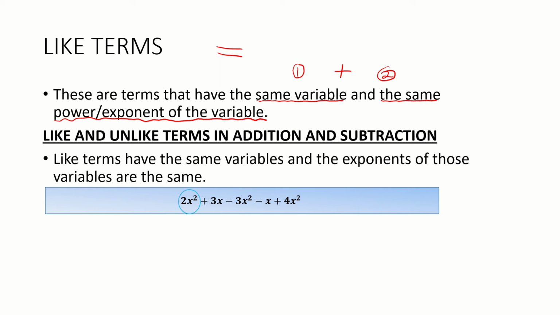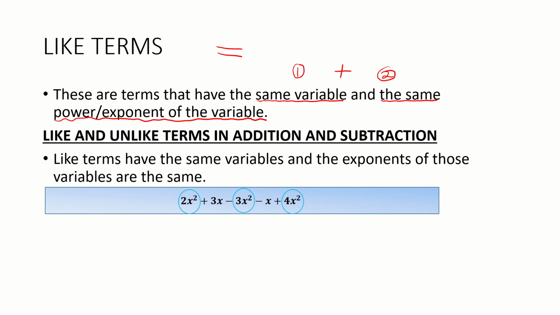It's 2x squared. It's a like term with 3x squared. And another like term to those will be 4x squared.